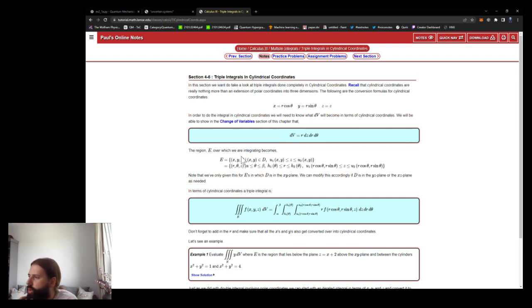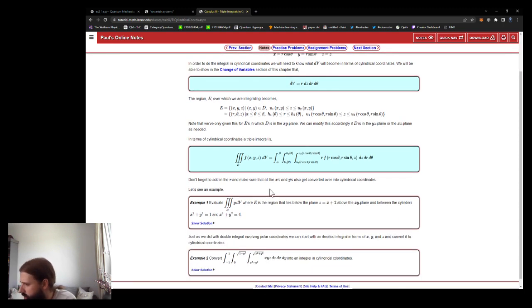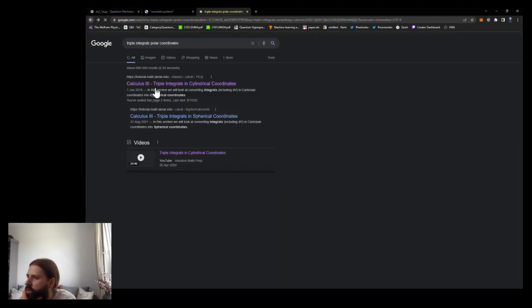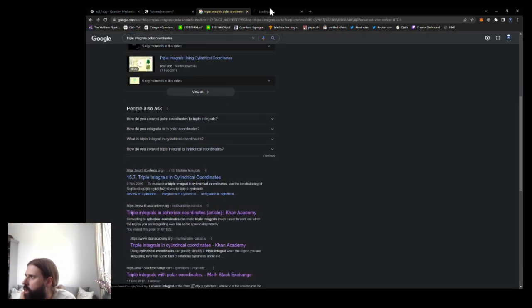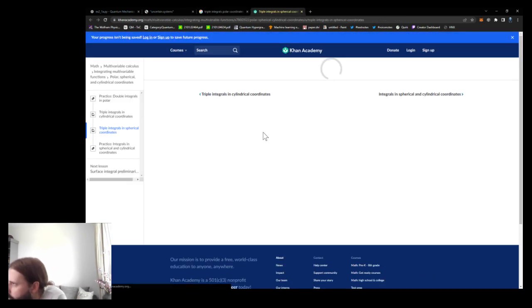The region E over which we integrate becomes... what was this thing with use here? What was that? Essentially the boundaries, right? That's what you want to do. This is what I checked last time.